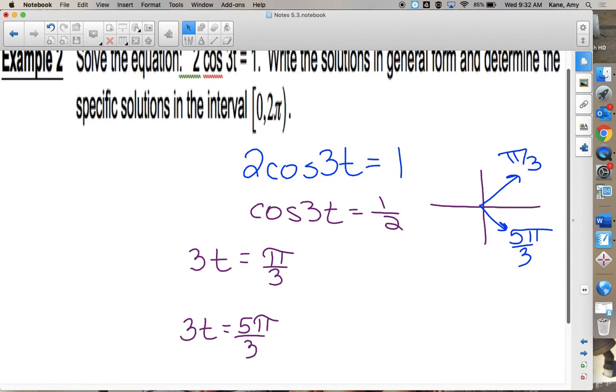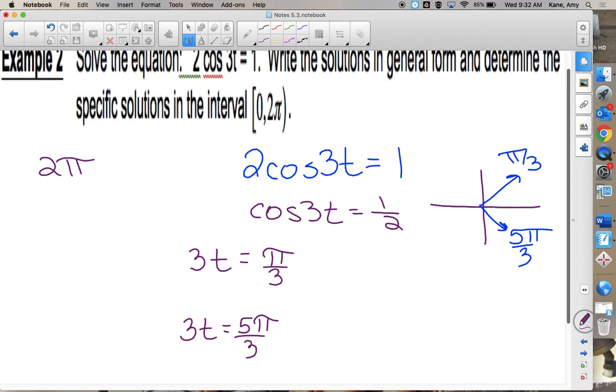I need you to go back in your mind and think about graphing. Does anybody remember what that 3 does to the period? It makes it smaller. What is a typical period of sine or cosine? 2 pi.